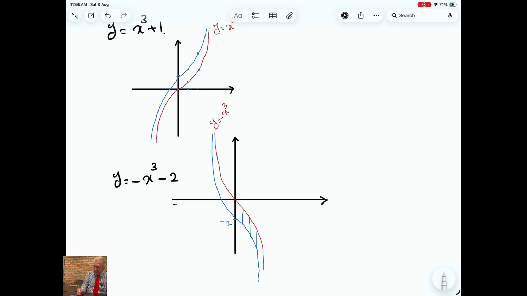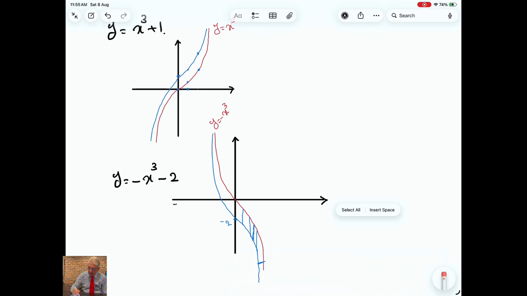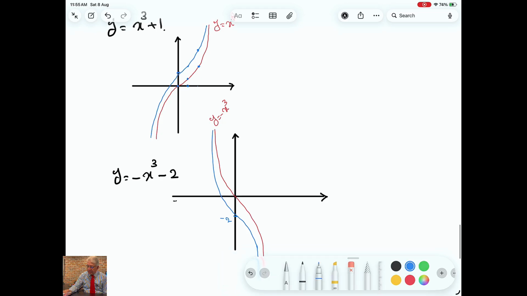Okay, don't look at this distance. We are not talking about this distance. We are talking about this distance. Two units down. All right. Therefore, you have the graph of these functions.